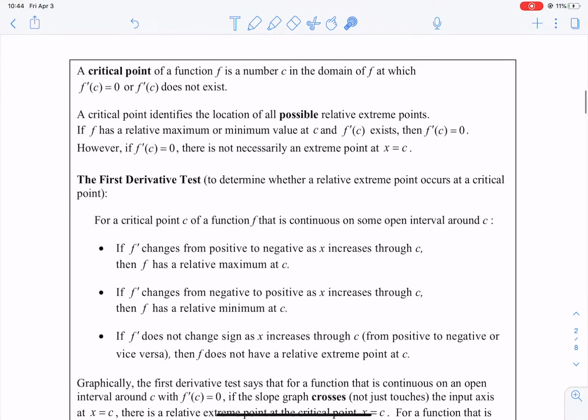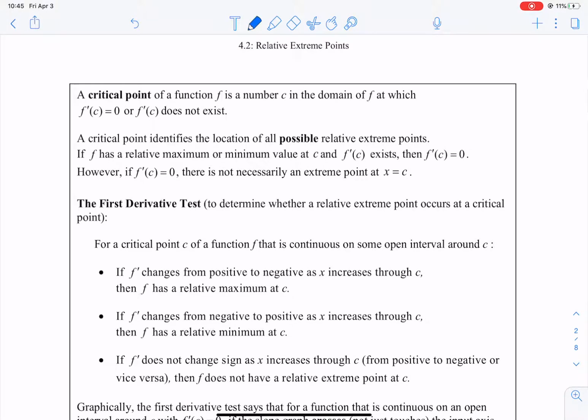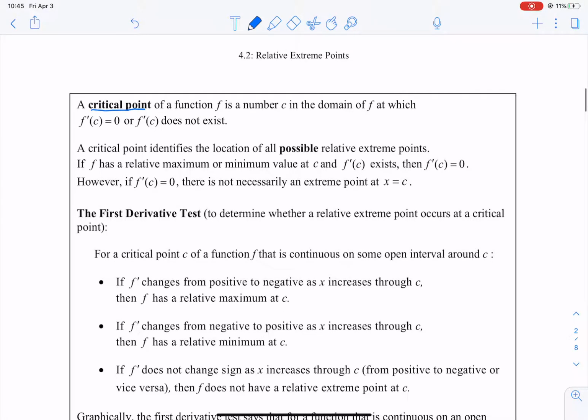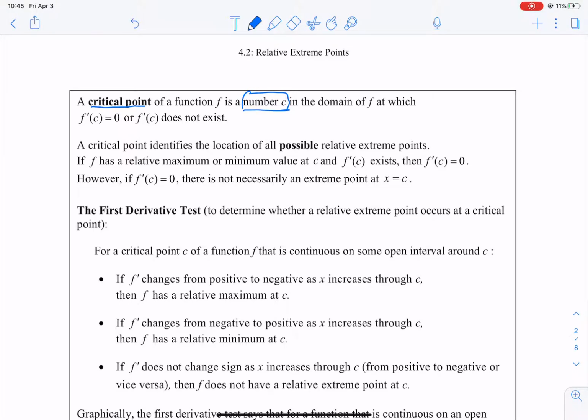The next is the critical point. So this is the second new definition in this section. The first one, remember, is the relative extreme point, and the second one is the critical point. So what is a critical point? A critical point of a function f is a number c in the domain of f, where f prime of c is 0 or f prime of c does not exist.